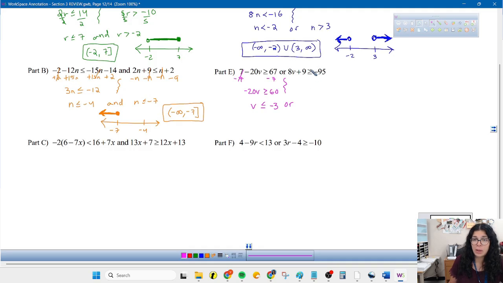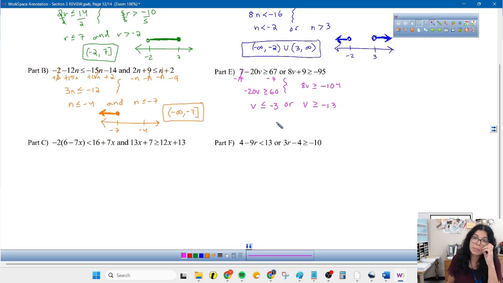And then on the inequality on the right, I start by subtracting 9, and -95 minus 9 is -104. So I get 8v is greater than or equal to -104. And then -104 divided by 8 gives me -13. So I get v is greater than or equal to -13.